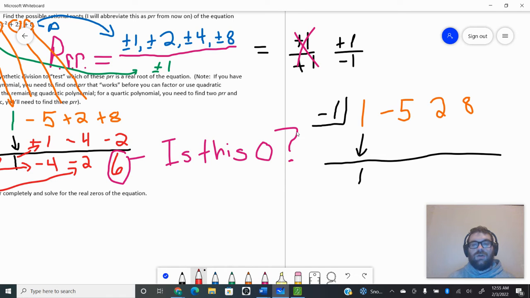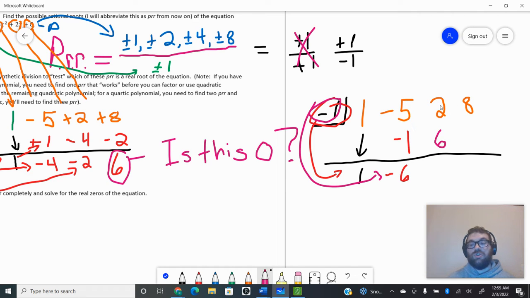What's negative 1 times positive 1? Negative 1. Negative 5 minus 1 is negative 6. What's negative 1 times negative 6? Positive 6. What's 2 plus 6? It's 8.